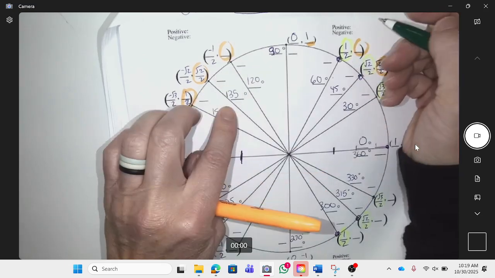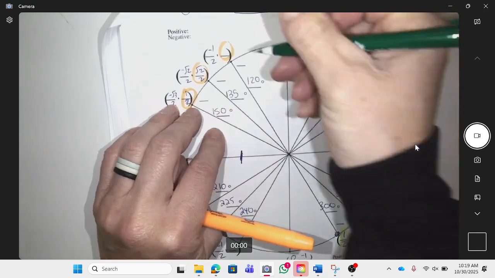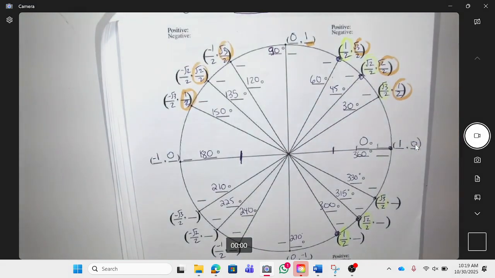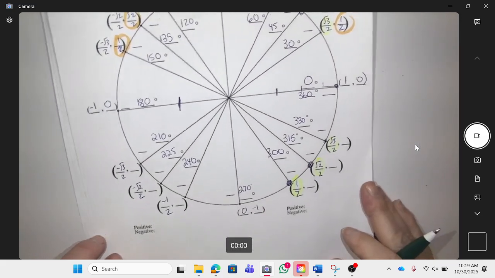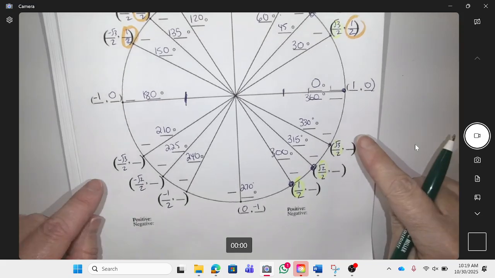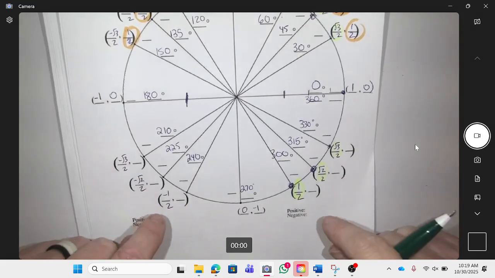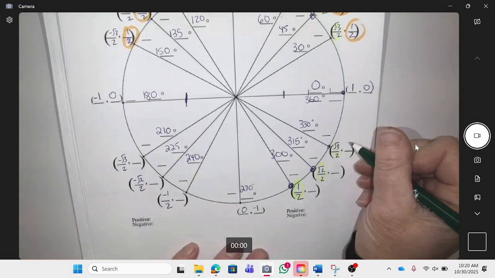Next set, both have a root 3 over 2 height. The last pair should have a height of 1. And then finally, just do that again. Go down, down, down, down. So negative 1/2, negative root 2 over 2, negative root 3 over 2, negative 1.